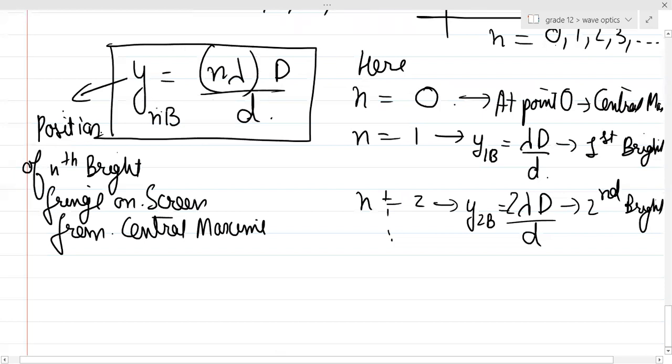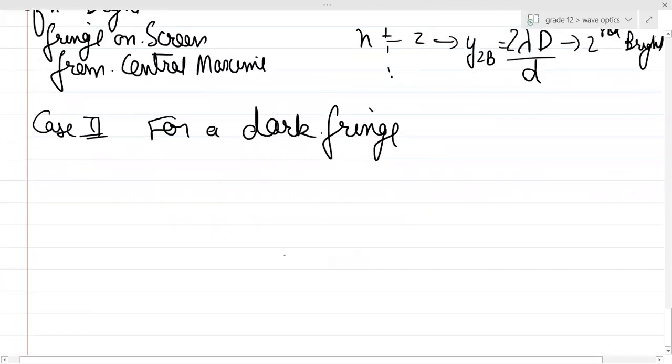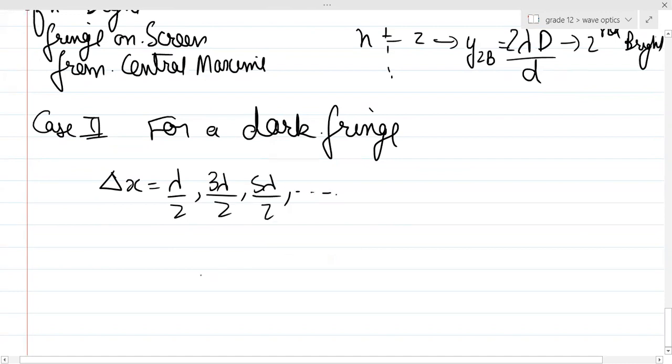This is the path difference. This is the position of nth bright. Now case number 2, for a dark fringe. Can anyone tell me what will be the path difference for a dark fringe? Δx was equal to λ/2, 3λ/2, 5λ/2, and so on.